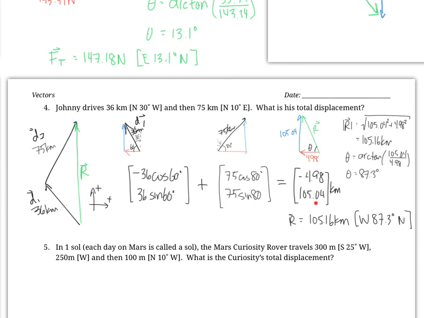So this was our final vector in matrix notation, but we needed to find the magnitude and direction because that's what the question's asking for. So we draw this final triangle, find our magnitude and direction from that, and then write our final answer. You can see that this is done with 2 vectors here, but you could easily do the same thing with 3, 4, 5, 6, as many vectors as you want. Okay? There you go.